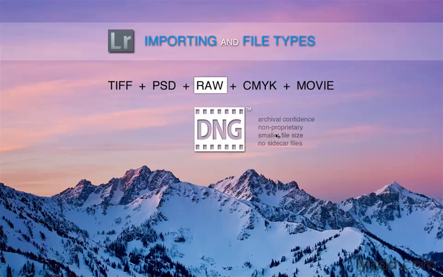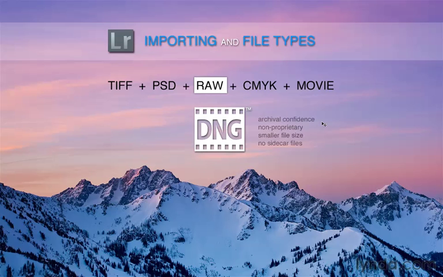Some of the advantages for using this are archival confidence. What Adobe articulates here is that because this is a non-proprietary open source file type, 50 years from now, people will be able to access and open and use and process this file. It also decreases your file size significantly, and it doesn't require sidecar files. Now, in Lightroom, sidecar files aren't really relevant, but if you're using Bridge occasionally, this then does become relevant.